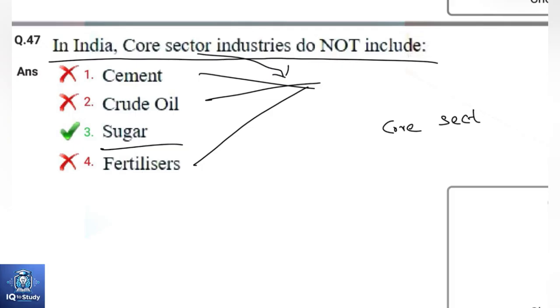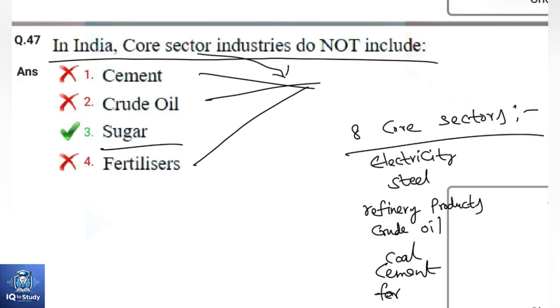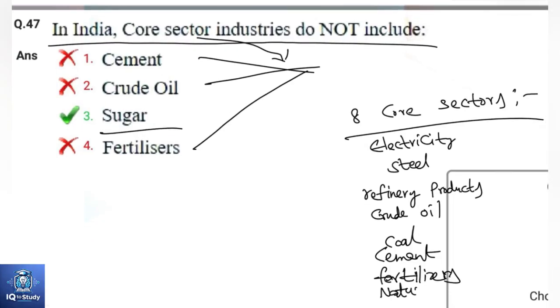There are 8 core sectors: electricity, steel, refinery products, crude oil, coal, cement, fertilizers, natural gas.